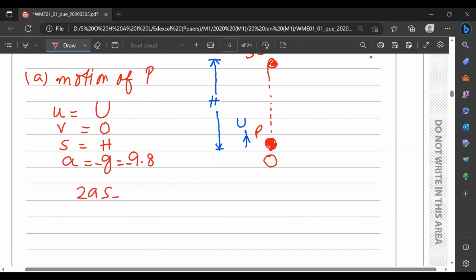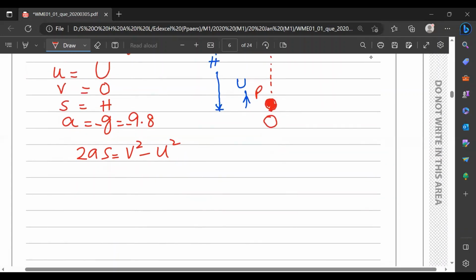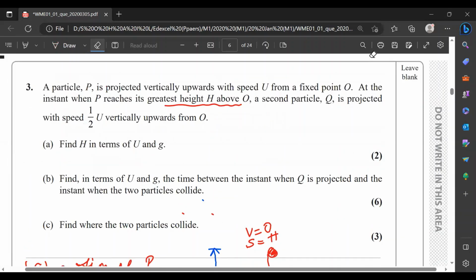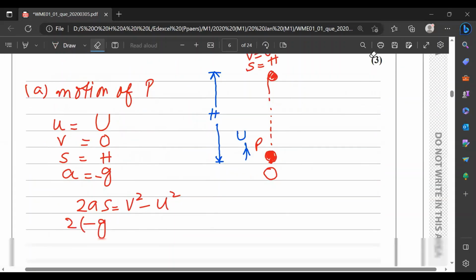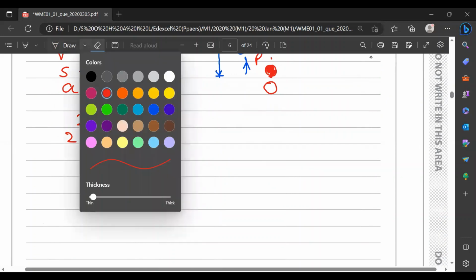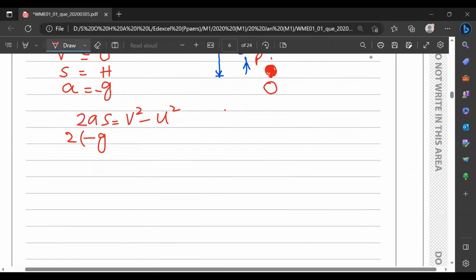2as is equal to v square minus u square. 2 into minus g. You don't need to write the value because the question is in terms of u and g, so just keep g as it is. So minus g into h is equal to v square, which is 0 square, minus u square.